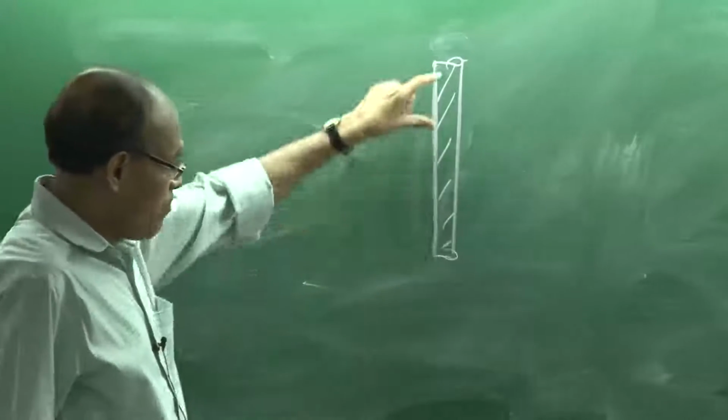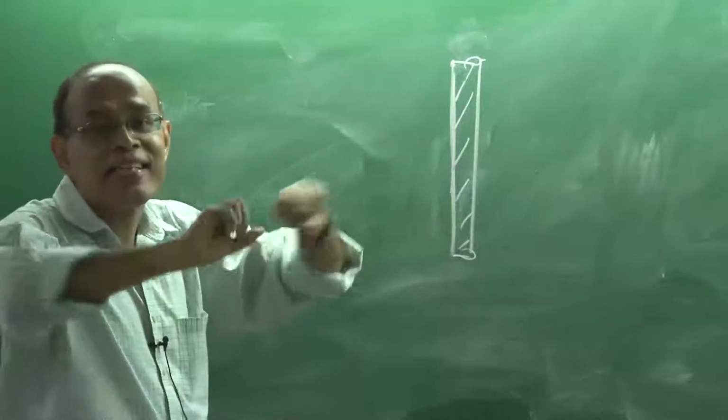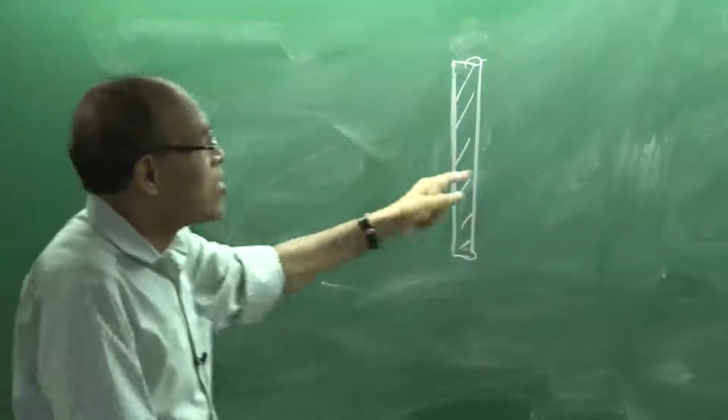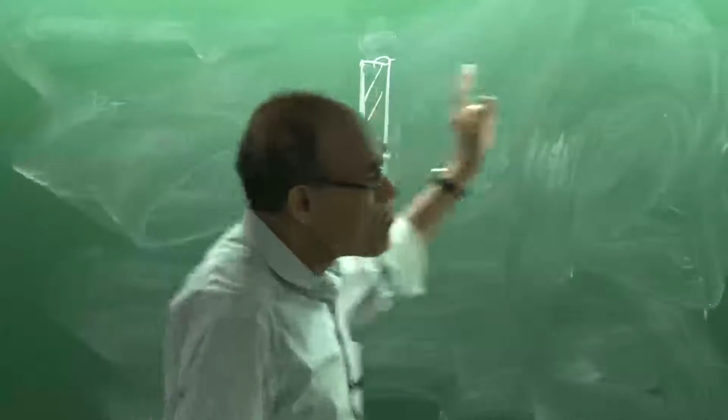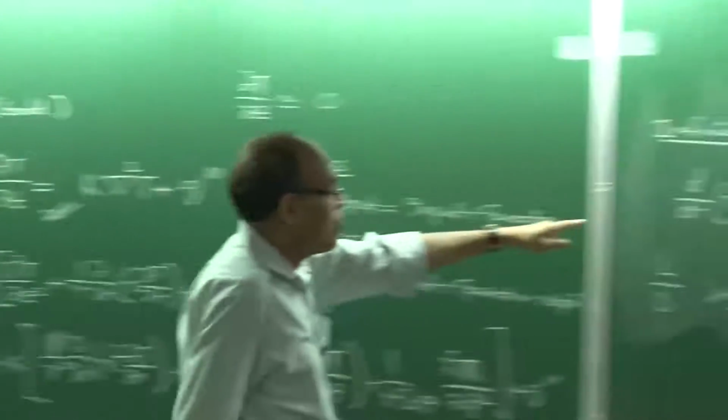It is maintained at a constant temperature, it is giving out heat, because the surrounding is at a lower temperature, and there is a variation of temperature along the radial direction, and in terms of cylindrical coordinate system, that could be given here.